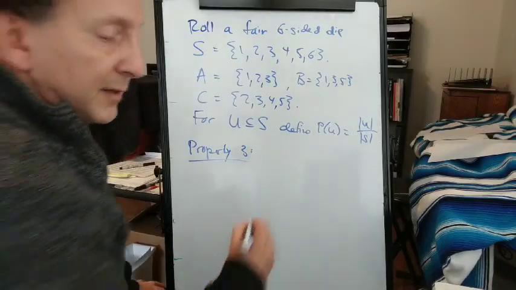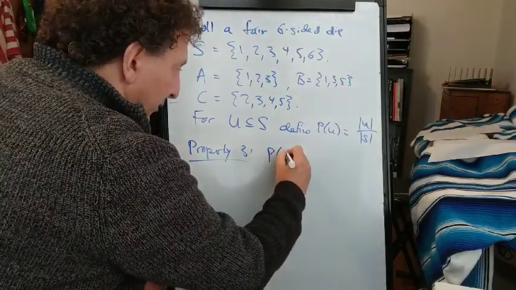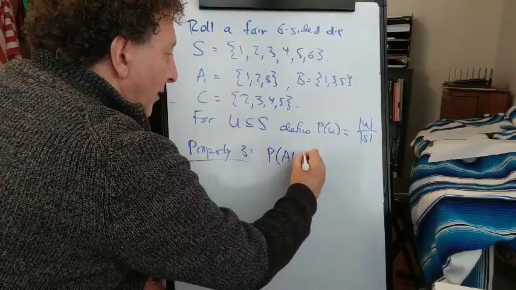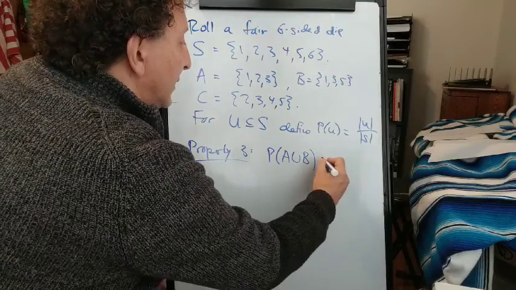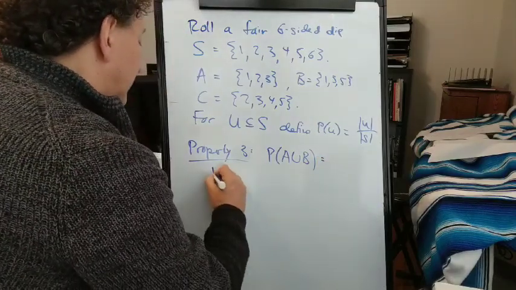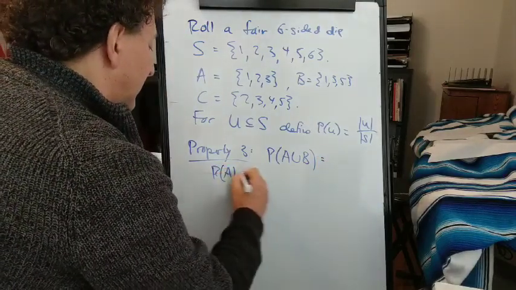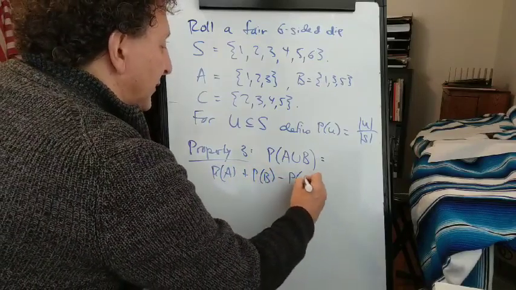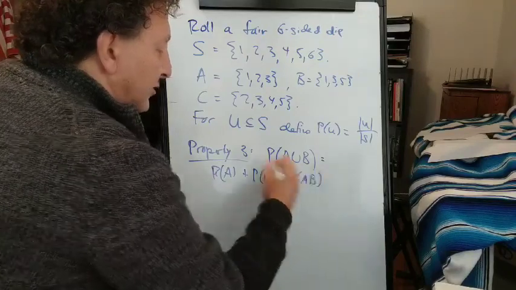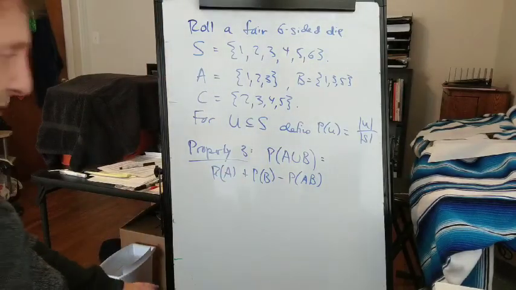And that says that if we have two different sets, A and B, the probability of A union B equals probability of A plus probability of B minus probability of A intersect B. Again, I'll just write that AB without the intersect sign.